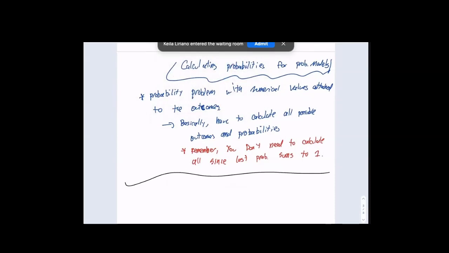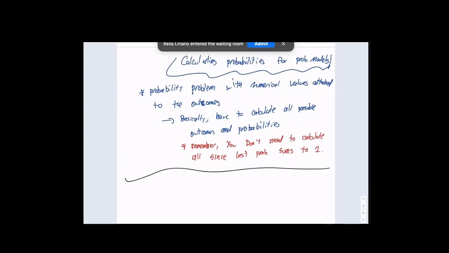Let's say we're playing a game. Here's an example. You flip a coin. We're going to make this quite simple. You're going to flip a coin 2 times.